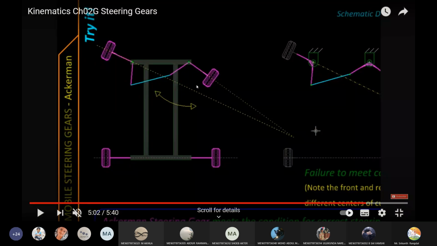So this is up to the engineer. He has to try various different models and find out in which mechanism the intersection point is best maintained. Okay. Is this clear?